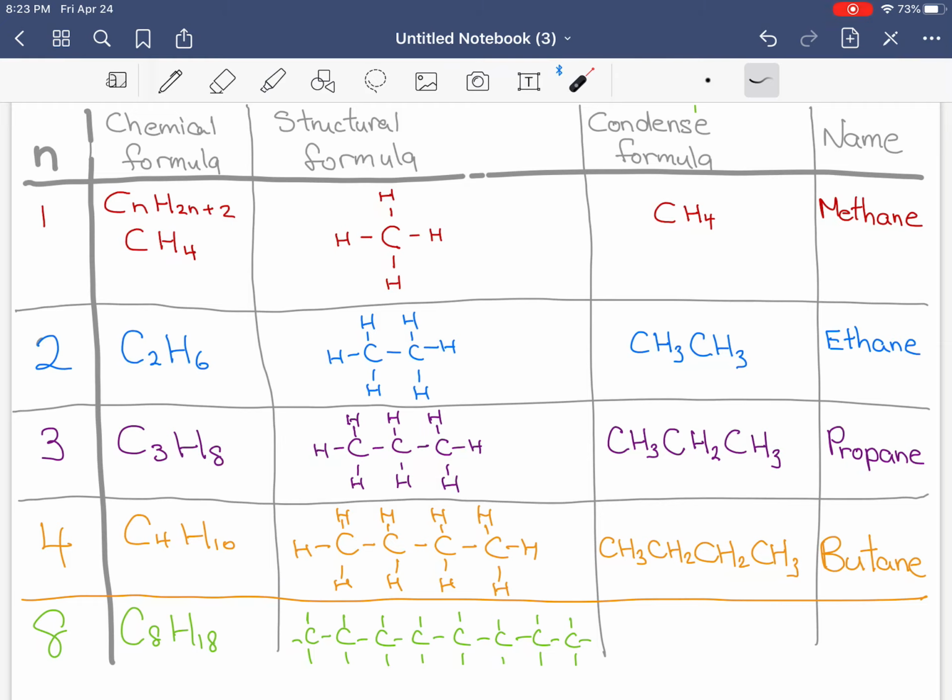Okay, and if you're going to do condensed, CH3, CH2, CH2, CH2, CH2, CH2, CH2, and CH3, 1, 2, 3, 4, 5, 6, 7, and 8. Okay, like that. But some people discover a little shortcut here. You may see this, CH3, and then they open a bracket and write CH2, and outside that bracket, they indicate how many CH2 are in this chain.